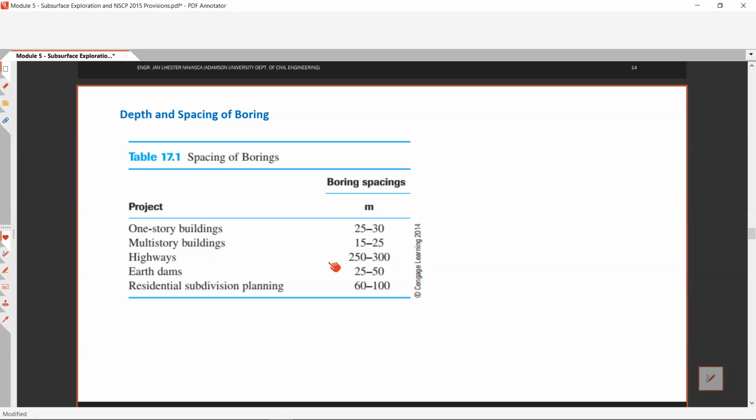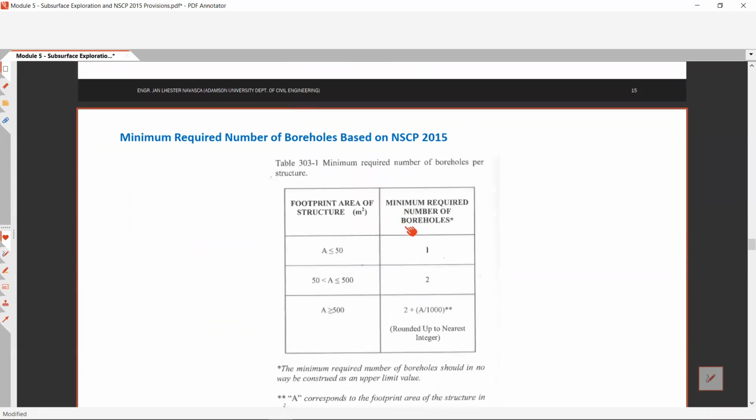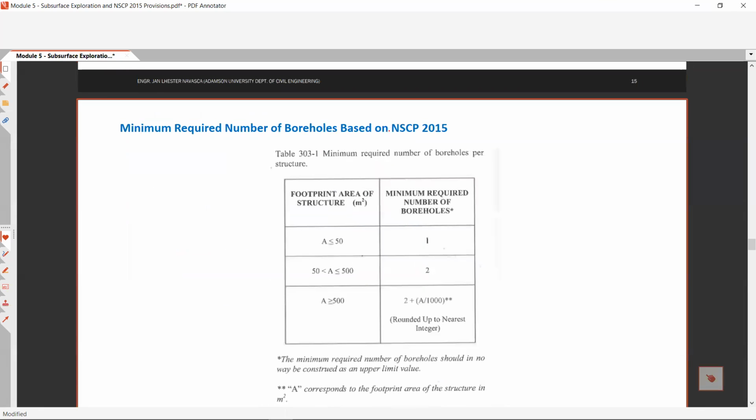For highways, kung mapapansin nyo, highway medyo mahaba na yan. The spacing of borings is typically 250 to 300 meters. For dams, they use 25 to 50 meters. And for residential subdivision planning, they are using 60 to 100 meters. This is the code provision given by the NSCP 2015.